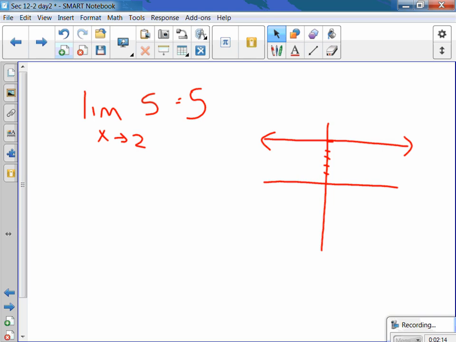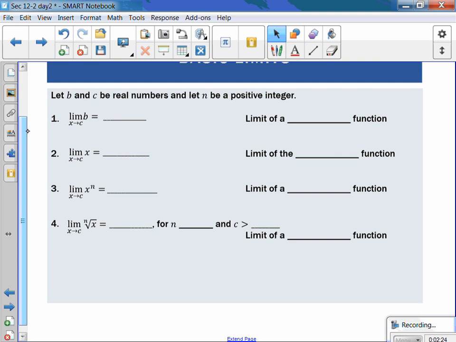This 5 has nothing to do with x at all, does it? There's no x's in there at all. 5 is just a constant. So here, if I had the limit of b as x approaches c and b is just a constant, what do I end up with? b. And that is just my constant function.